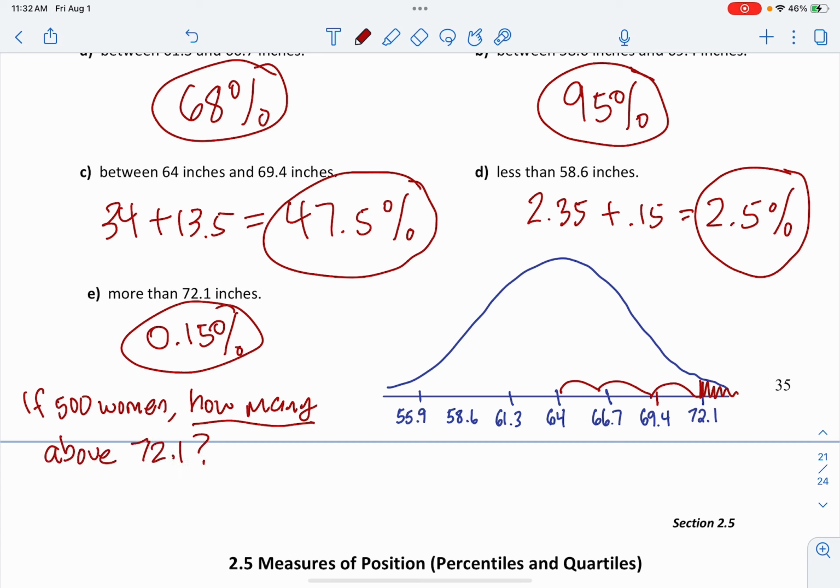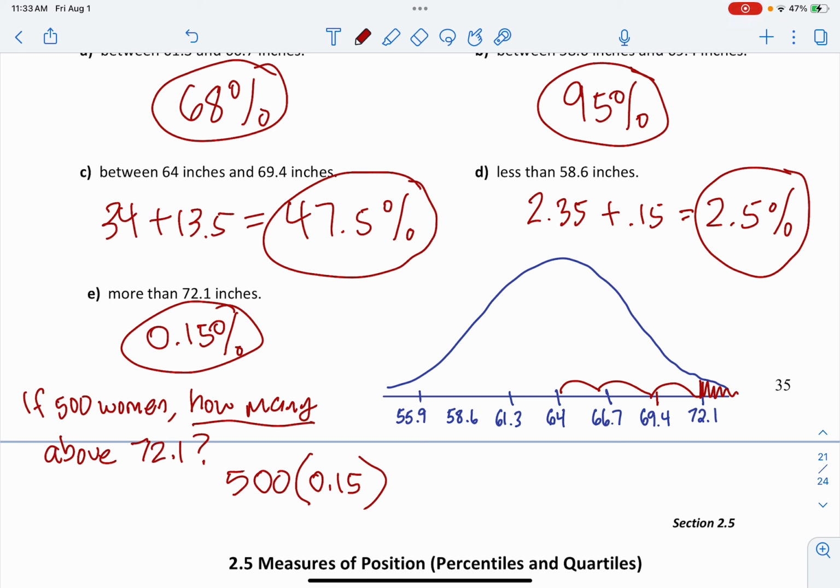Kind of a little additional question here. I think that pops up in my lab. So then you just have to calculate the number. You would just multiply the 500 times the 0.15, and then calculate that out. Let's see, 500 times 0.15.